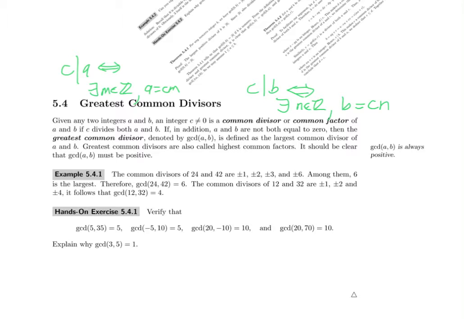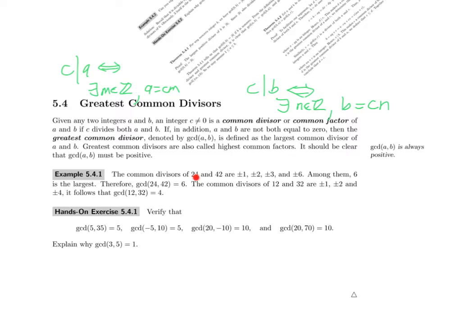Since every integer is going to have some kind of positive divisor, it's fair to say that the greatest common divisor would actually be positive. So it's not just a convention, it's also something that makes sense if you consider lists of numbers where you're guaranteed to have at least one positive number. The greatest number in that list should be positive.